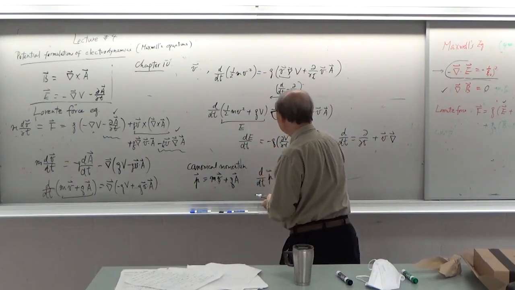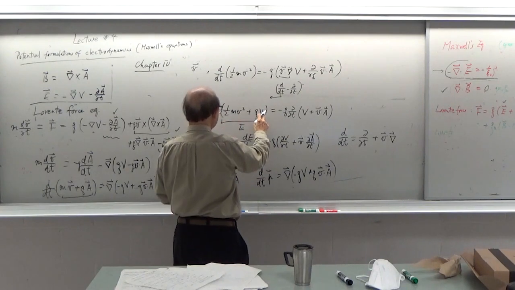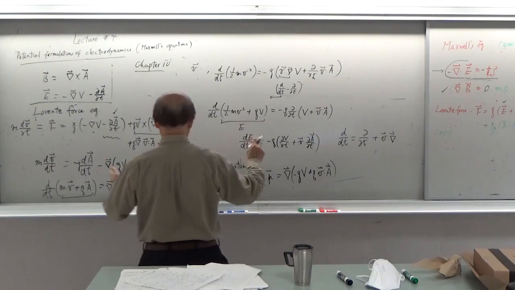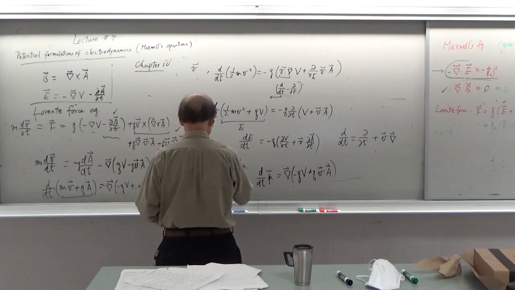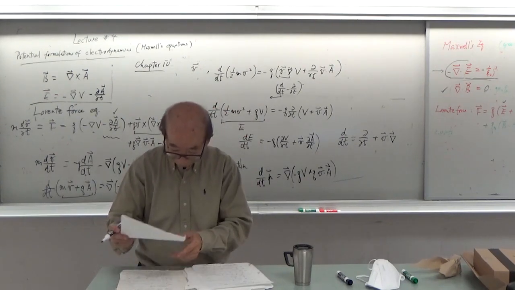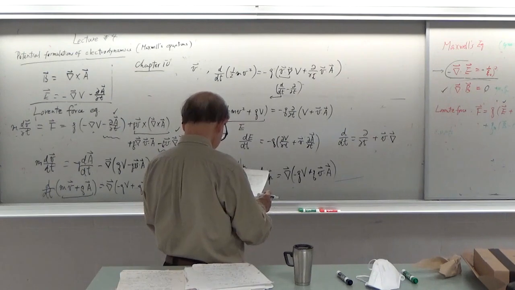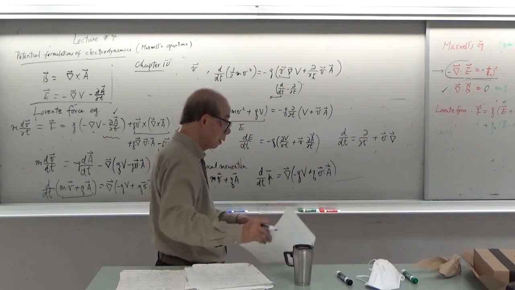And you can write the energy in terms of the velocity and the potential, or you can write it in terms of the canonical momentum. After all, canonical momentum is this. Let me check to make sure that I have not made a mistake here. Okay, yes.